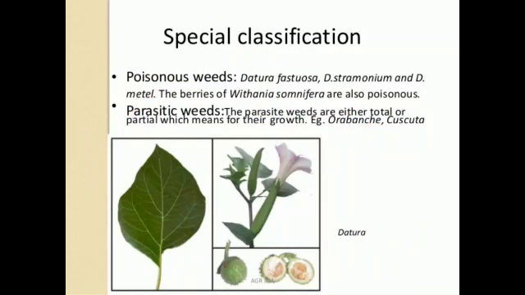Then a special classification, like poisonous weeds. These weeds secrete poison. Example like Datura. Parasitic weeds, these weeds depend for their survival upon their host plant for nutrition. Example like Orobanche or Cuscuta.